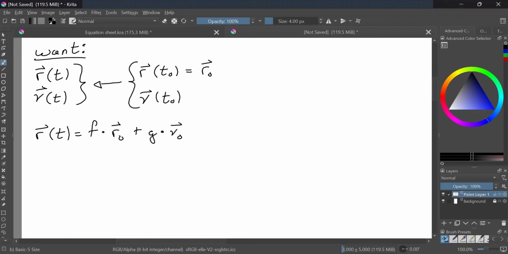And similar for velocity, we will have an F dot of our initial position and a G dot of our initial velocity. And this is what linear combination means.